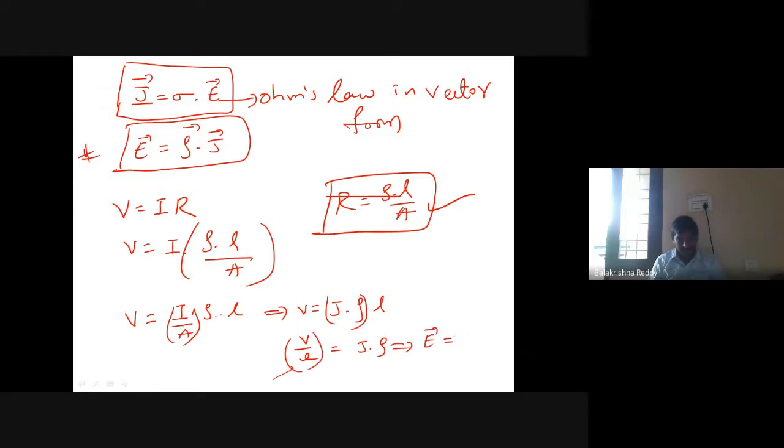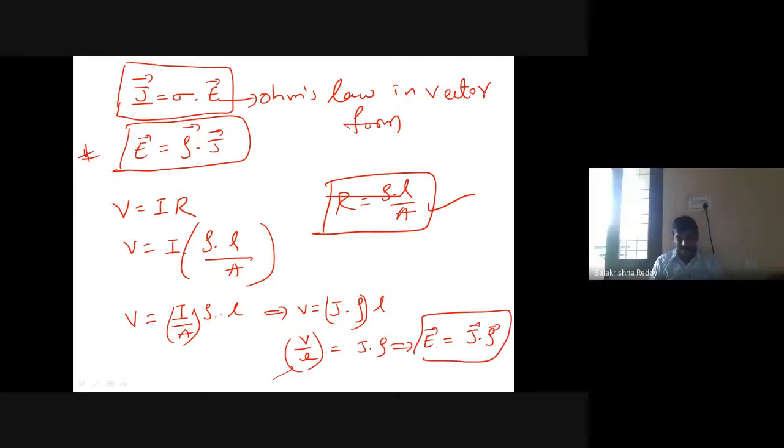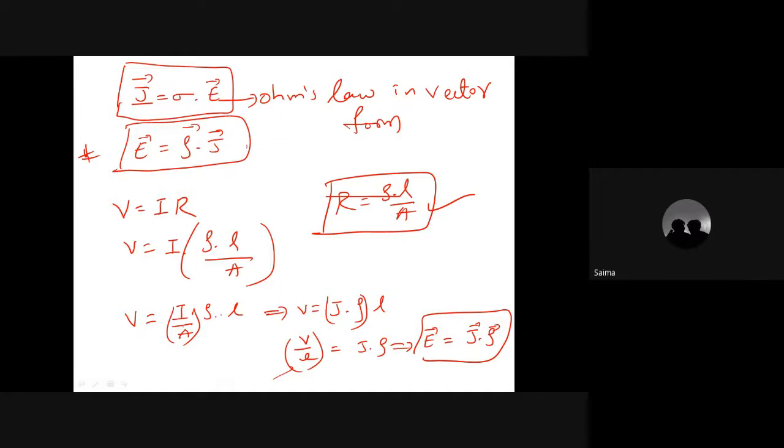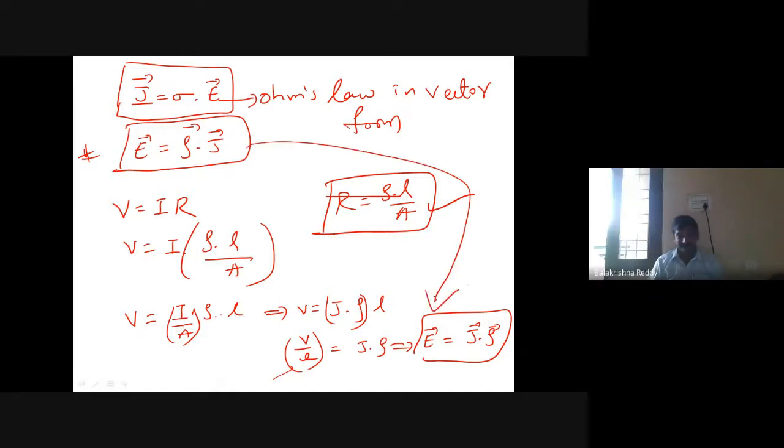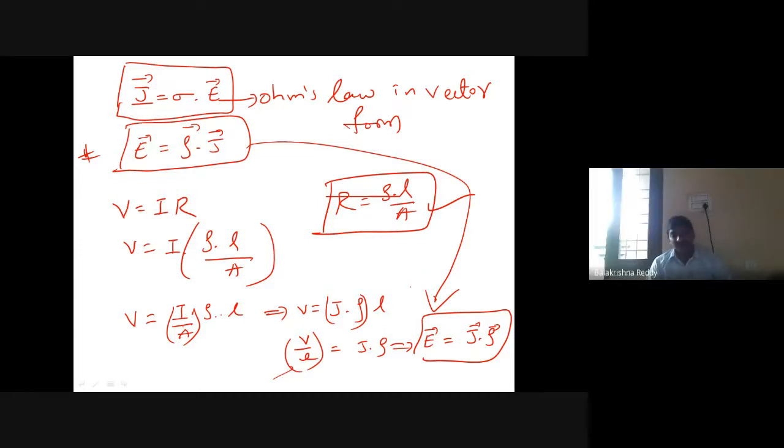Electric field E. So we got the same thing. Is that correct? Yes, sir. Ohm's law here we are taking in terms of J equal to sigma into E, or E equal to rho into J. Basically, this law we call the vector form of Ohm's law.